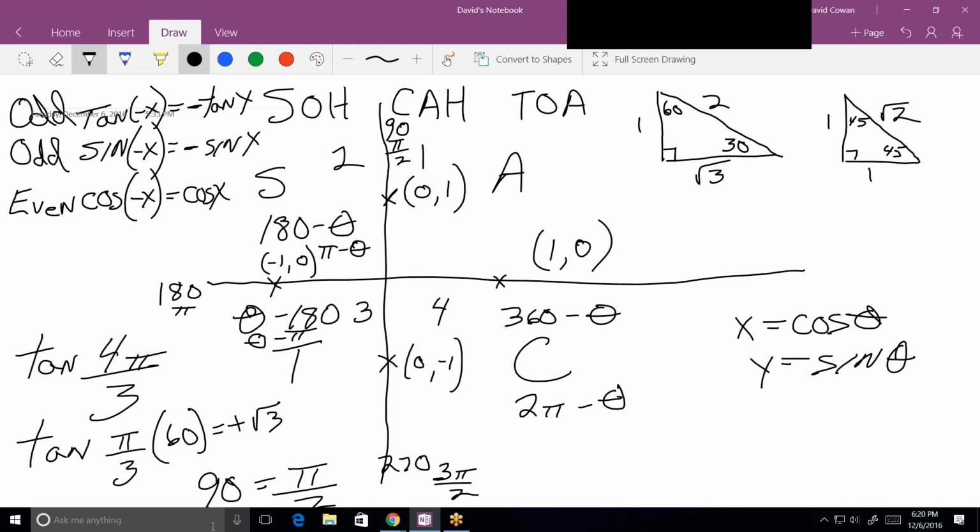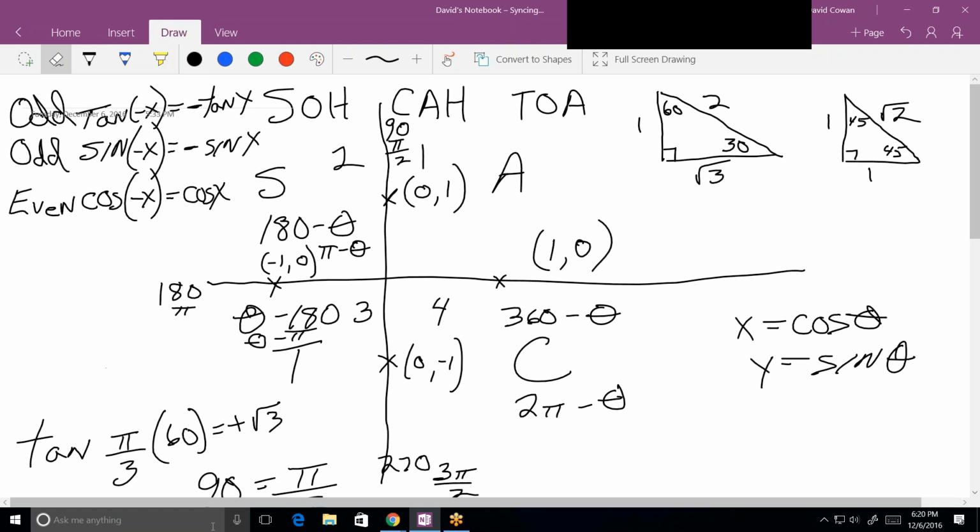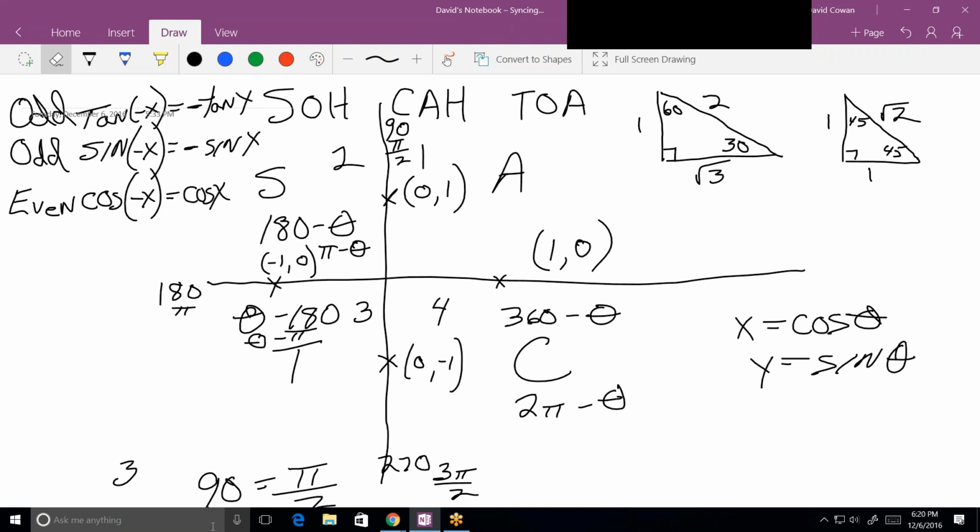So let me erase this, because this is a problem. You don't need to memorize this. Everything else you see on that screen you want to memorize. Everything.